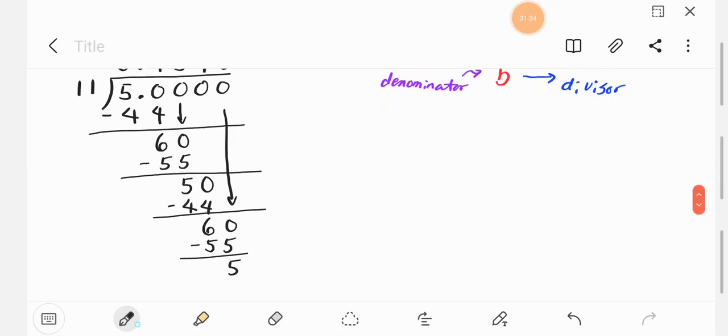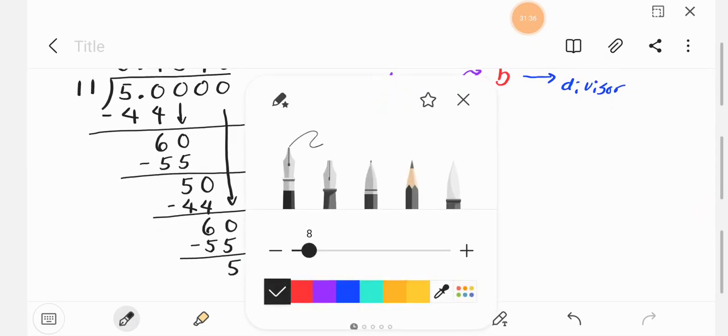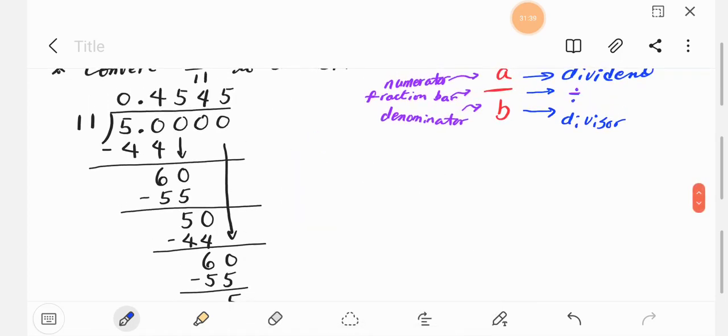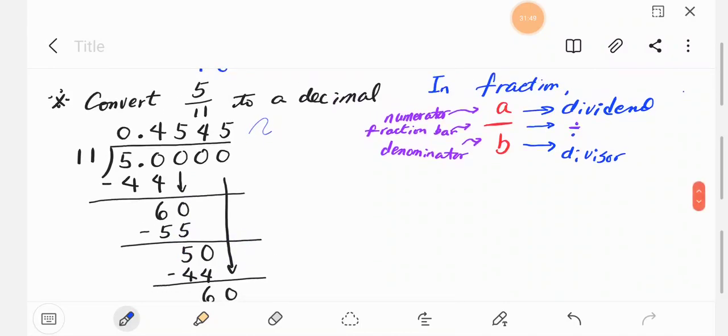You know, we keep repeating, isn't it? We keep repeating, because from this 60, it was 4, and we have a 60 right here. So we'll keep repeating, and the result will be 4, 5, 4, 5, and so on.